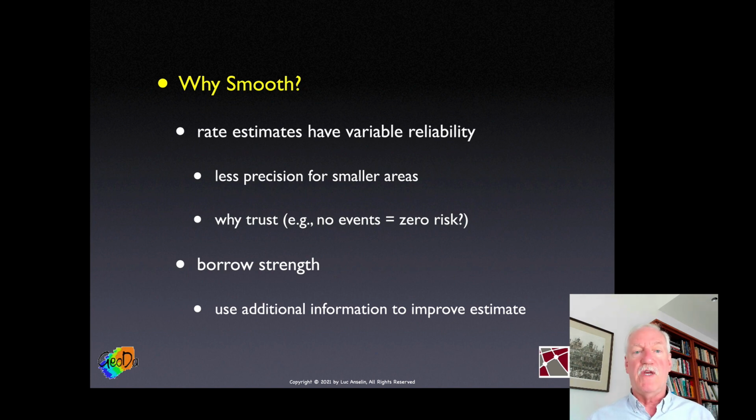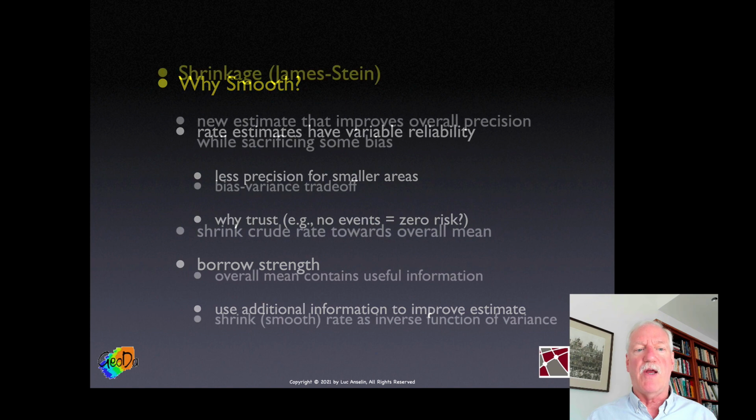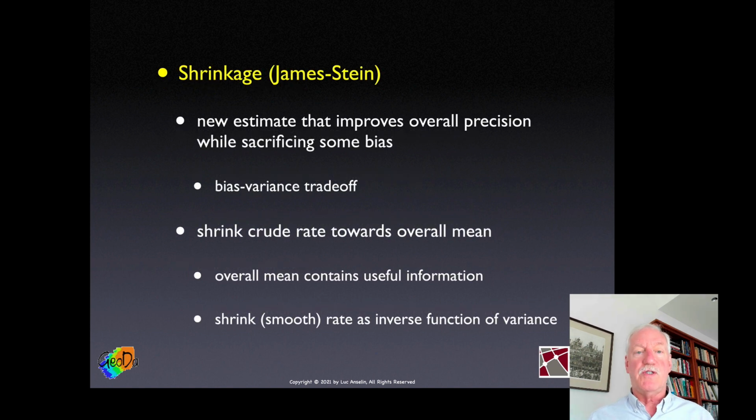We can do better by using additional information. What kind of information? The information about a reference rate. In the Bayesian lingo, that is called a prior. So this notion of borrowing strength from other information, in this case a reference rate, is the principle of shrinkage.